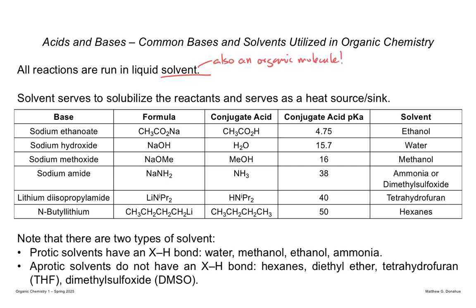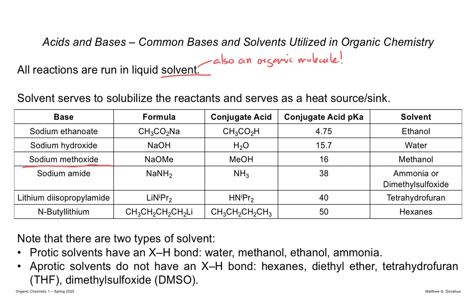Solvent is also an organic molecule, so it has its own functional groups, and we need to ensure that the base does not react with the solvent. And so we drew this line right about here, and you can see from those bases on the top three, the conjugate acid is used as the solvent.